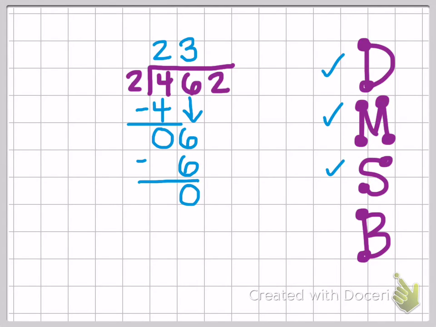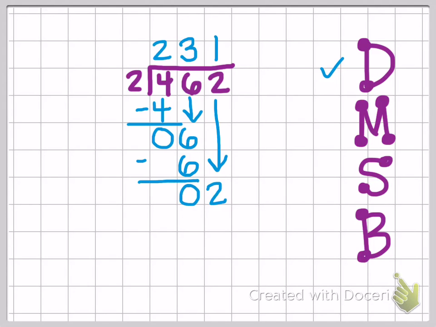Our next step is to bring the next digit down, all the way down next to our 0 that we just had as a remainder. Okay, now we're working with 2. 2 divided by 2. Let's start over with our steps, and divide 2 divided by 2, which is 1. And we place that 1 right over the 2 at the top.